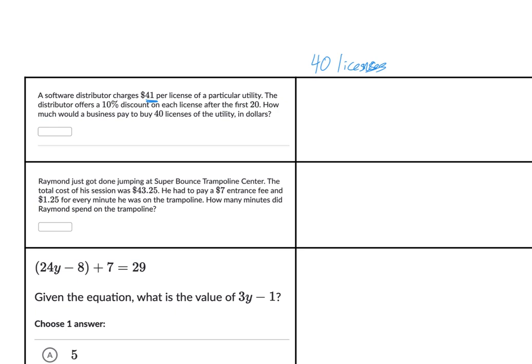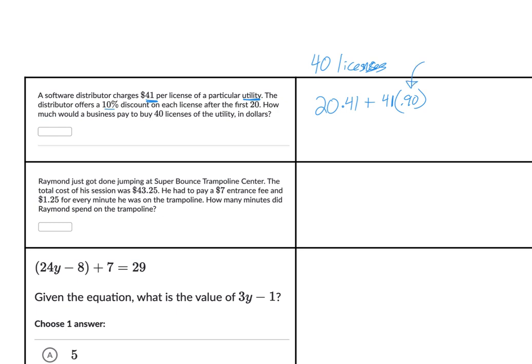$41 per license of a particular utility, that's like a program. But it offers a 10% discount on each license after the first 20. So I'm going to go 20 times 41 plus 41 times 0.90.